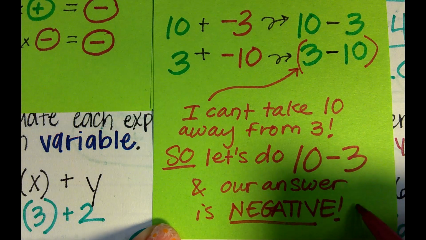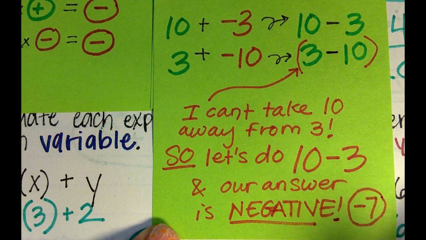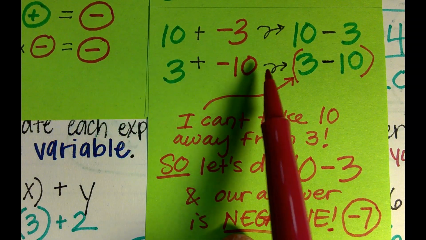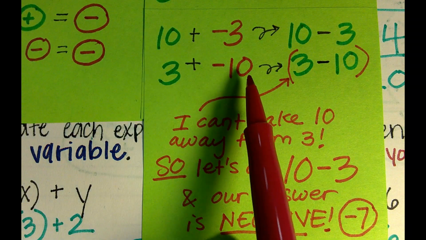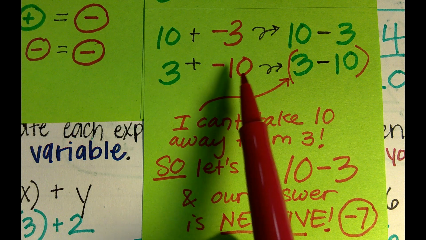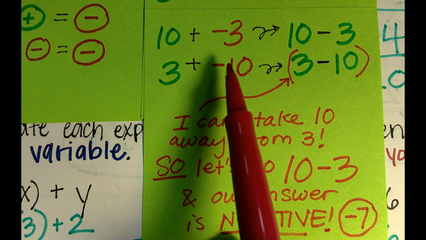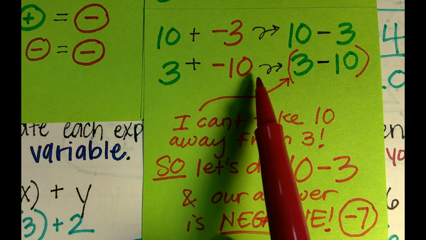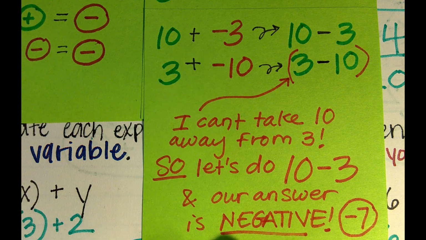Flipping the answer. So -7 would be the answer to that one. You can also know, okay, well, when I did 3 plus -10, the bigger number is negative. So my answer has to be negative. 10 is bigger than 3. Since it's -10, my answer has to be negative.